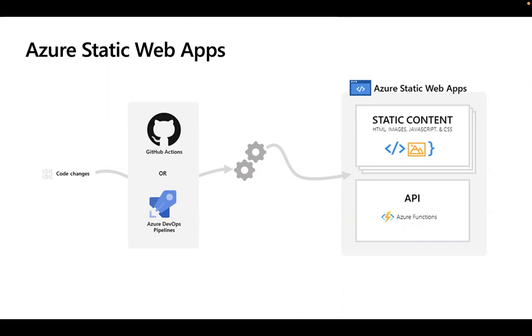And whether it is React, Svelte, Vue or Angular or plain JavaScript, it can run on Azure Static Web Apps, and behind the scenes you can make calls to the API using the Azure Functions. And all the heavy lifting is done by Microsoft for you, which means you can very easily set up the CI/CD, making use of Azure DevOps pipelines or the GitHub Actions, and as soon as you make the changes in your PR, it will deploy your changes onto the static content and you can connect to the APIs.